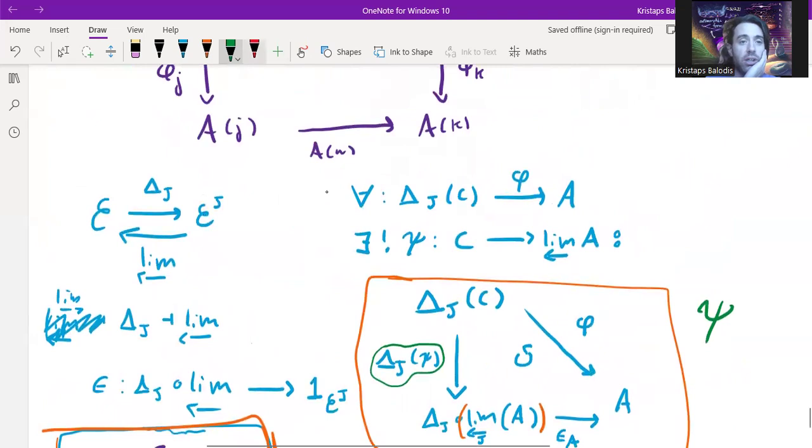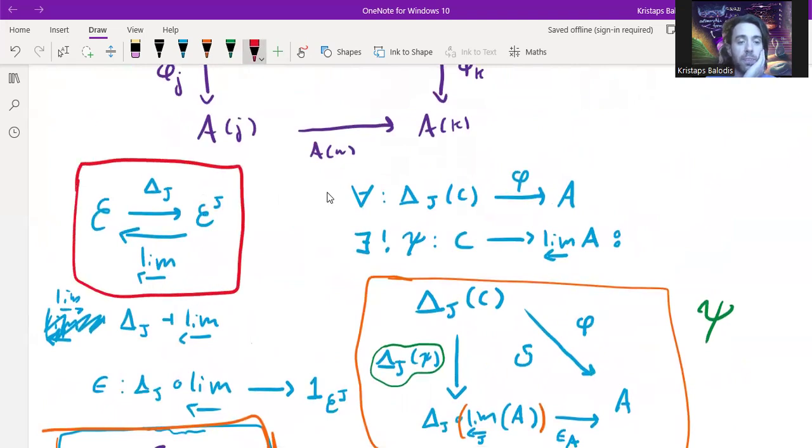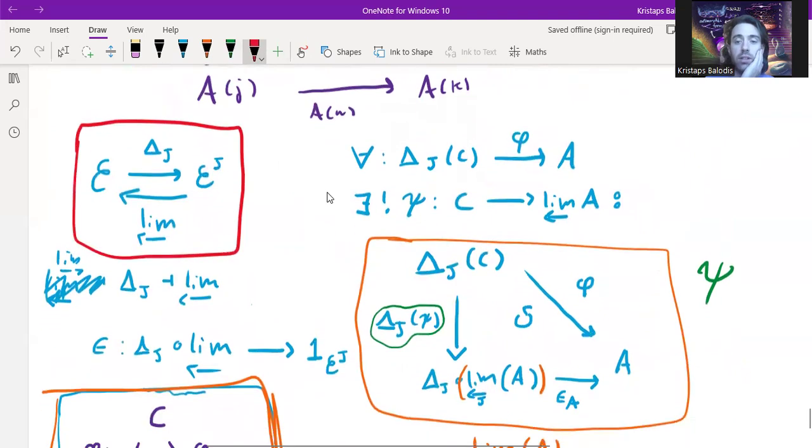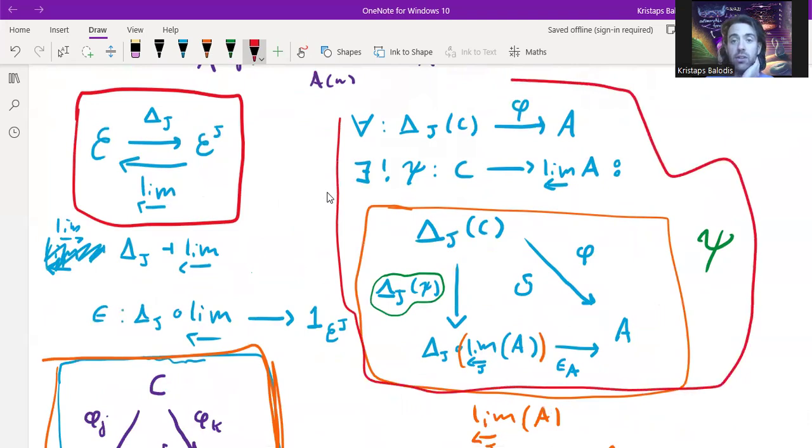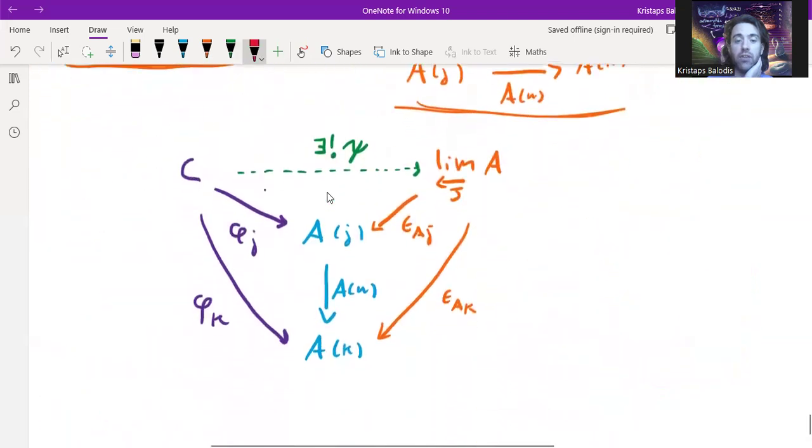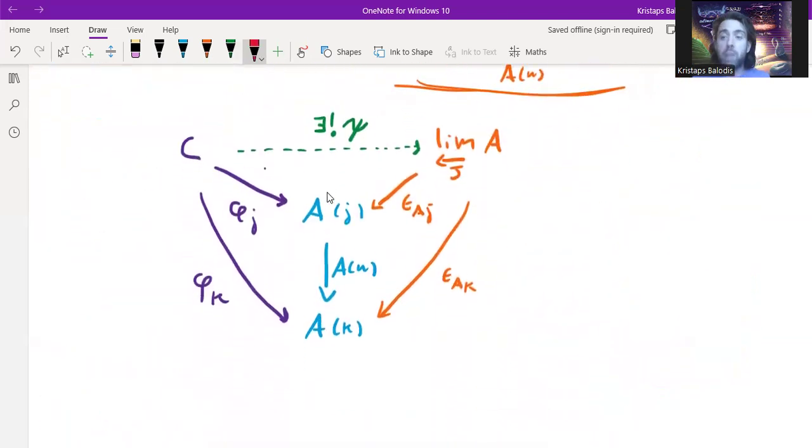If I have an adjoint to my diagonal functor, right? And then what we did is we unpacked what that meant in terms of having a co-unit, right? And unpacking that basically gave us this familiar picture.